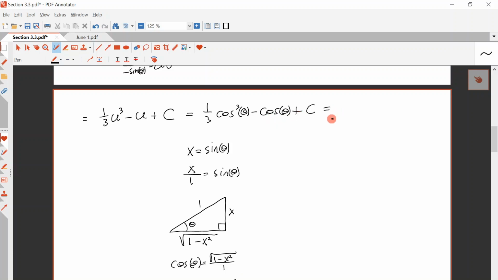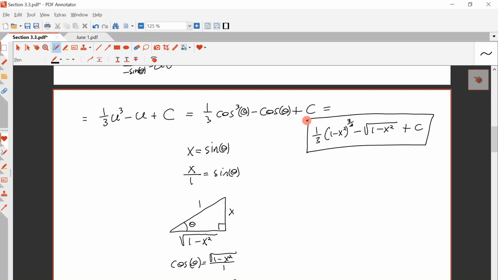So this becomes 1/3 times the square root of 1 minus x squared, cubed. So that's 1/3 (1 minus x squared) to the 3/2 minus the square root of 1 minus x squared plus c. Final answer. Okay? Try another example.